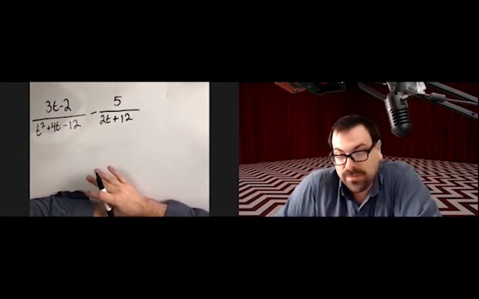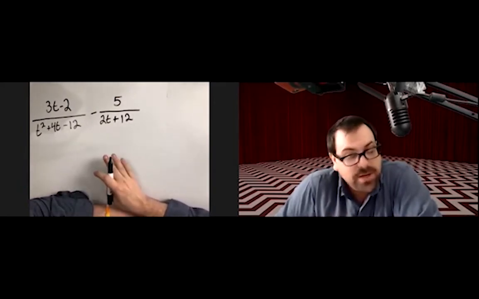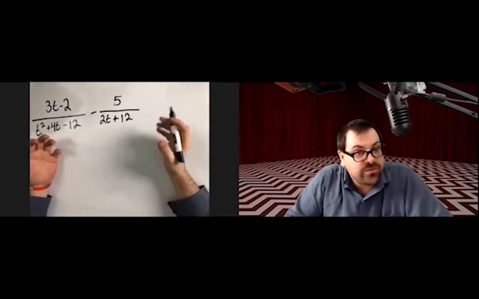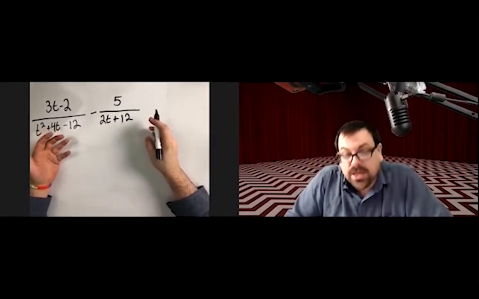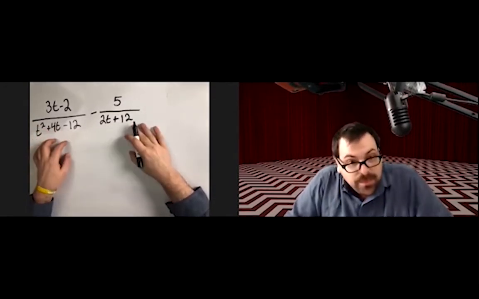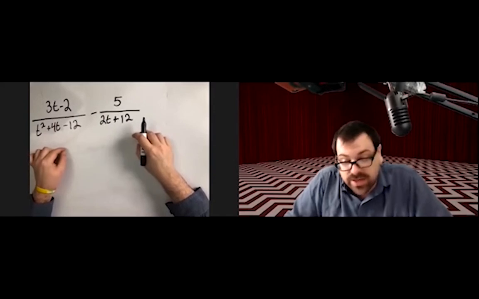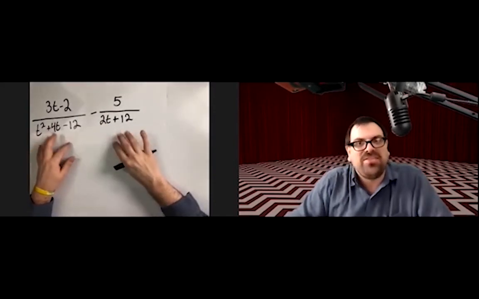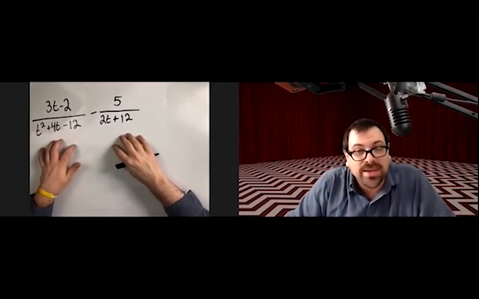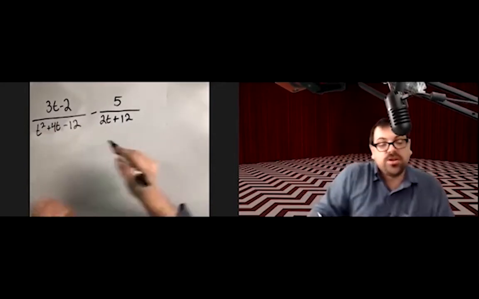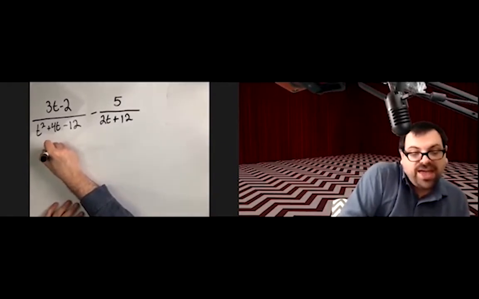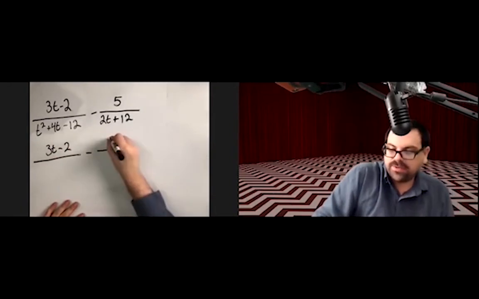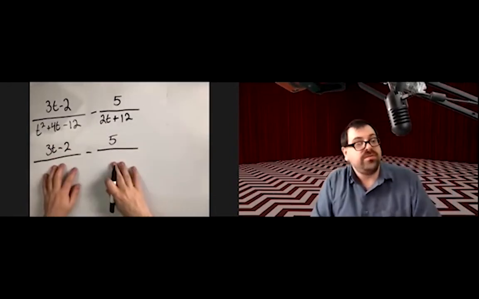We have to find a least common denominator. Since we're going to need the factored forms to do that, our first step in adding or subtracting when we have things that factor on the bottom is to rewrite with factored denominators. Factor the bottom of both of these.